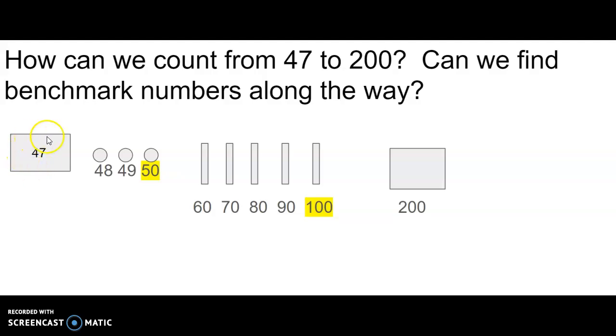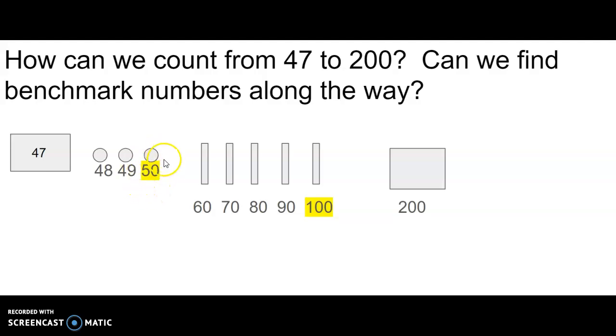So if I'm at 47, I'm going to count on by ones until I find a benchmark number. 48, 49, 50. Now 50 is a nice benchmark number because it has a 0 in the ones place. Once we get to a nice benchmark number, then we can count by something other than ones. Now that I'm at 50, I know I can count by tens until I get to the next benchmark number.